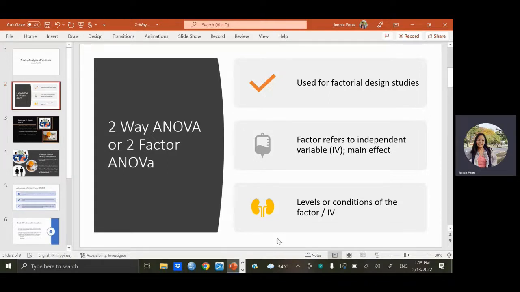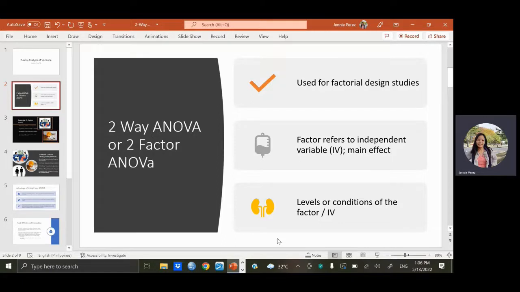A factor refers to an independent variable, and it may also be called a main effect of factor A or main effect of factor B. It's called two-way analysis of variance because this analysis is used for studies involving two independent variables or two factors, analyzing their main effects on the dependent variable.